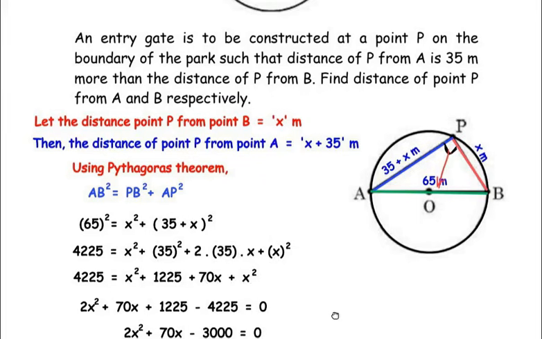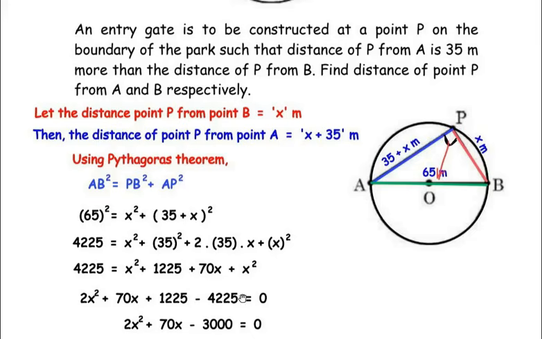Now in the next step, we have collected the like terms. That is x square plus x square gives us 2x square plus 70x plus 1225. And we have taken this number on the other side of equal to sign, giving us minus 4225 equal to 0. Now simplifying it, we get 2x square plus 70x.